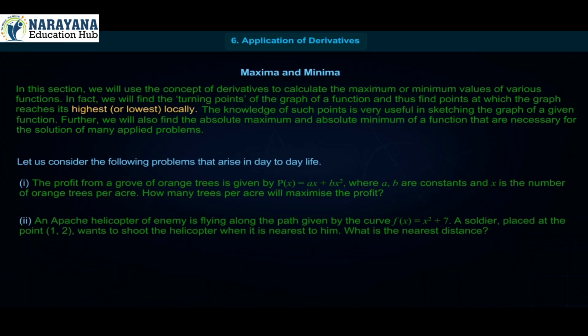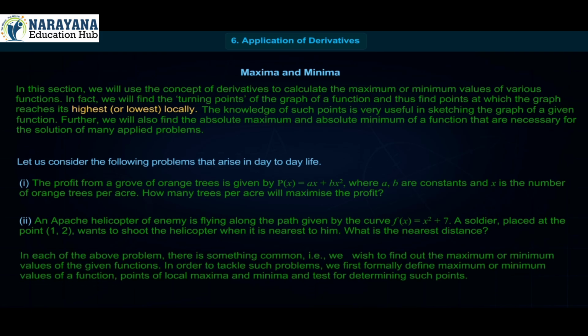Number 2. An Apache helicopter of enemy is flying along the path given by the curve f of x is equal to x square plus 7. A soldier placed at the point (1, 2) wants to shoot the helicopter when it is nearest to him. What is the nearest distance?